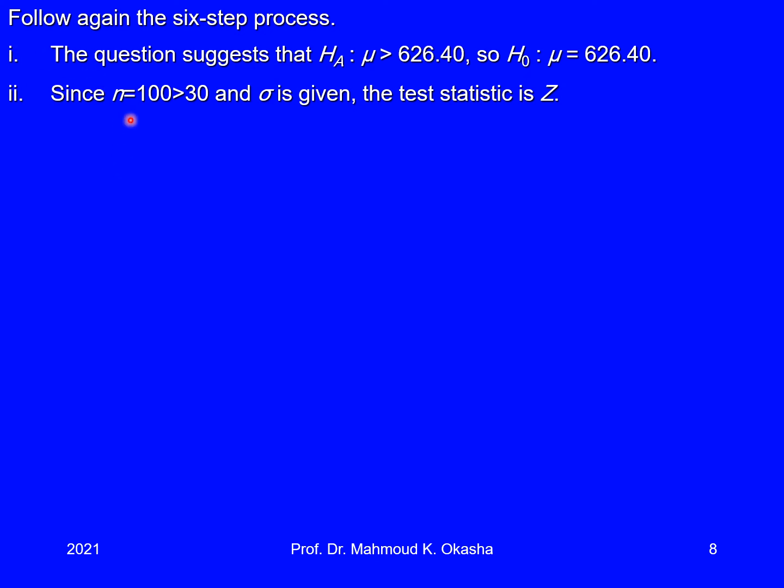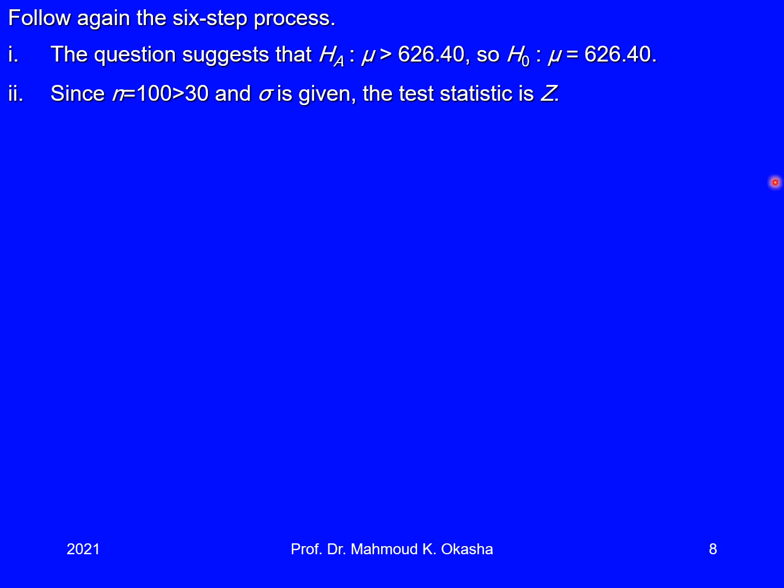As we have n equal to 100, very big, bigger than 30, and also sigma is known. Sigma is given. Then the test statistic definitely is Z in this case.